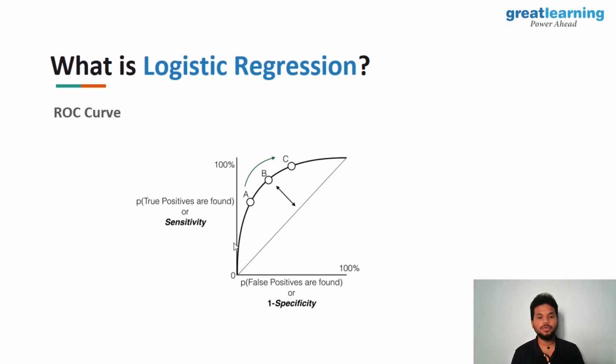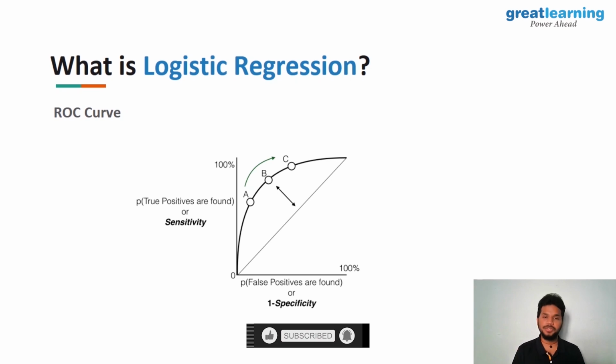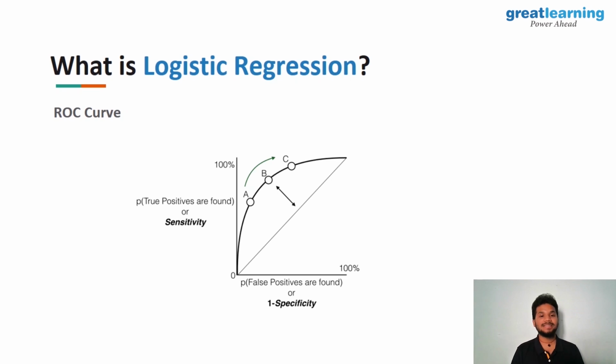In this 0 to 1 relationship, usually on the y-axis we talk about how many true positives were found, and of course on the x-axis we always plot how many false positives were found. If you keep moving towards the side of true positives, it means your model is getting more and more efficient. It can predict things correctly. A false positive is an incorrect prediction which can hurt the accuracy of the model, and of course the accuracy of the result itself.